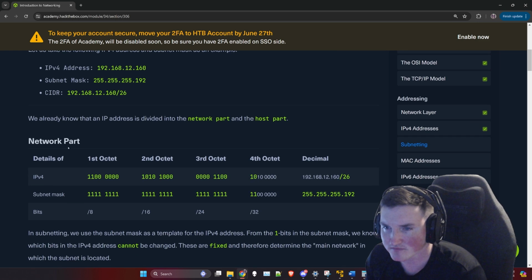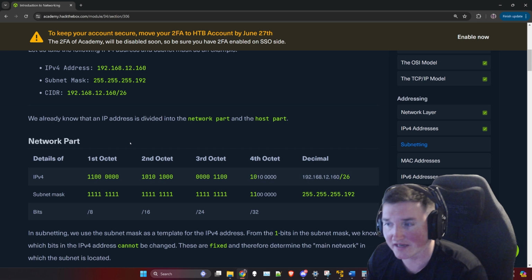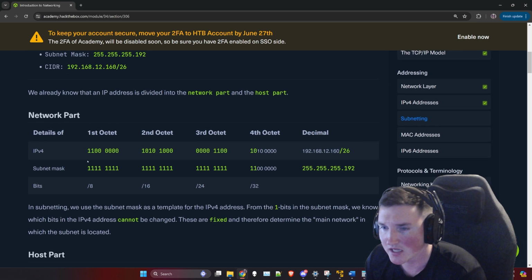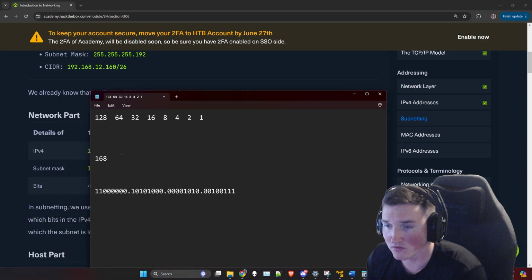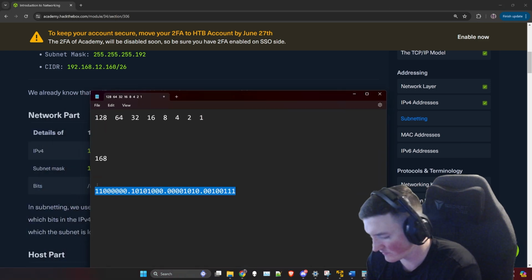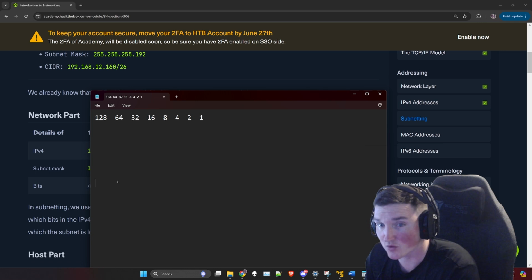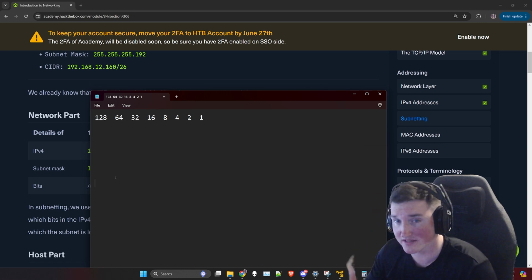So now here's the network part, or the subnetting part. Here they gave us a /26 instead of a /24. Well, let's do the math. /26 means there are 26 ones in it.